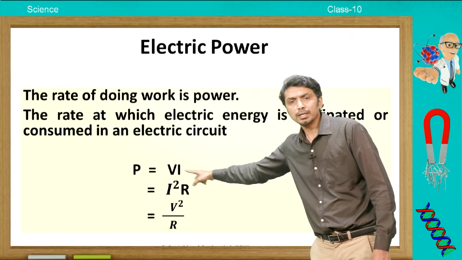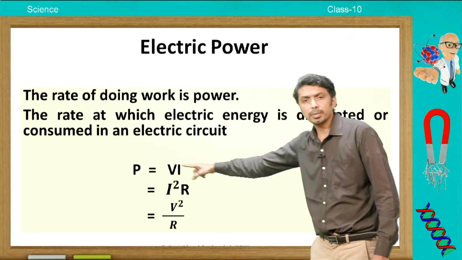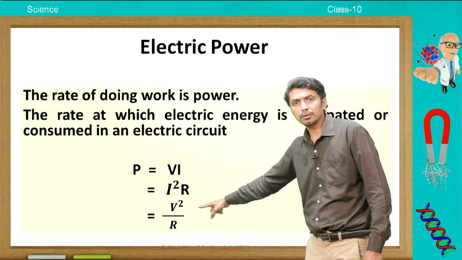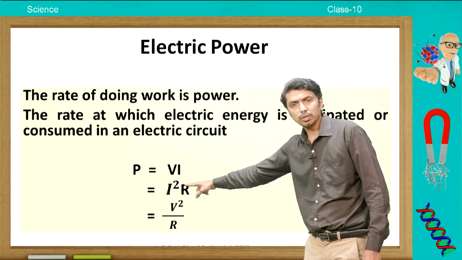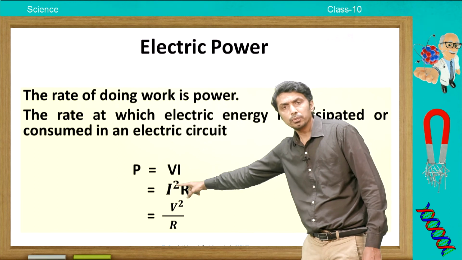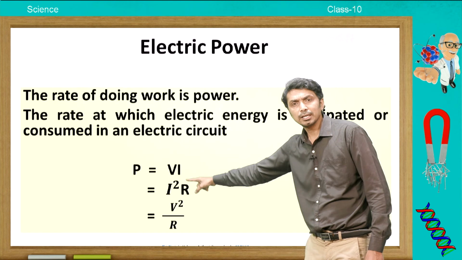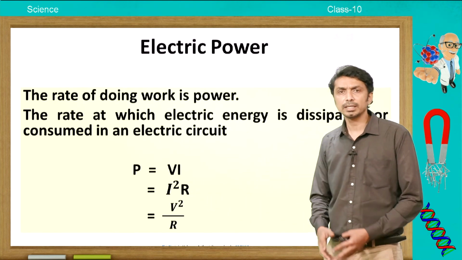So, IR into I means I squared R, and also the power can be written as V squared by R. Why? Because I is V by R by Ohm's law. So, V into V by R, we get V squared by R. P is equal to V squared by R.